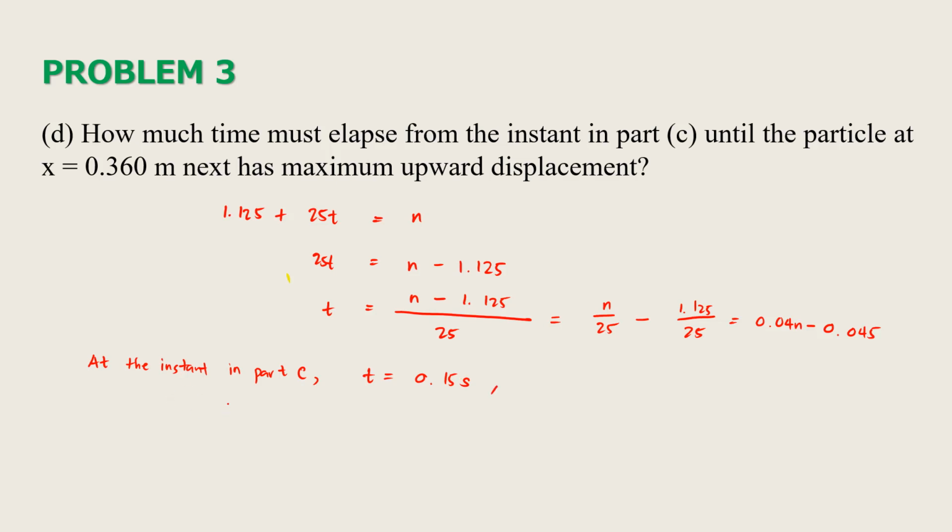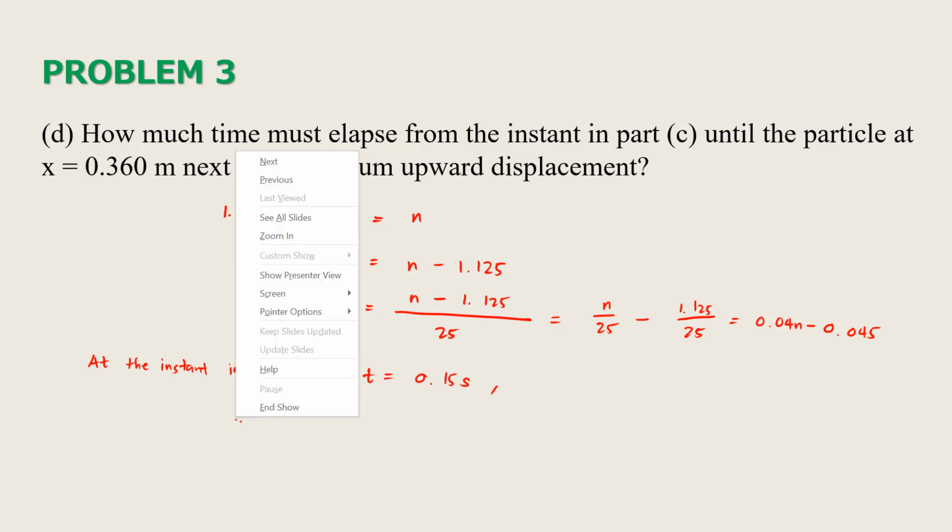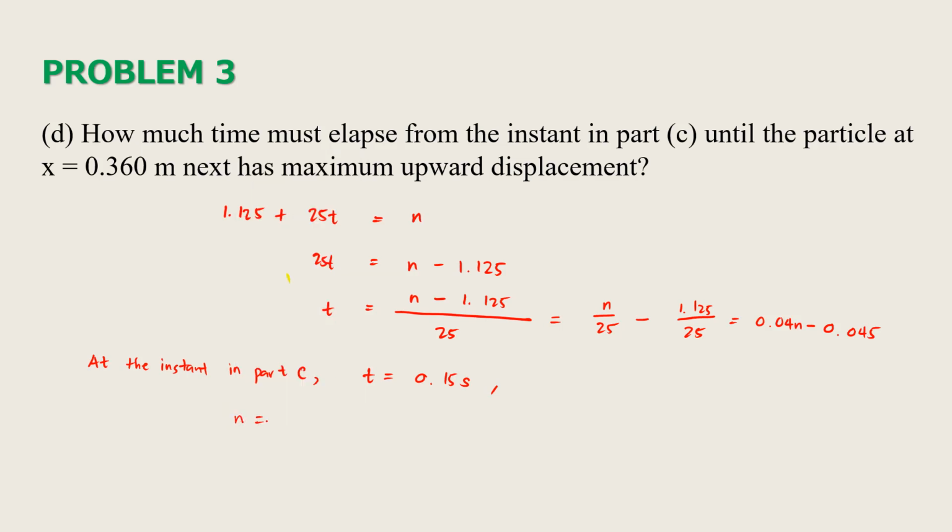So we can calculate the n at that instant. So we have n is equal to t plus 0.045 divided by 0.04.